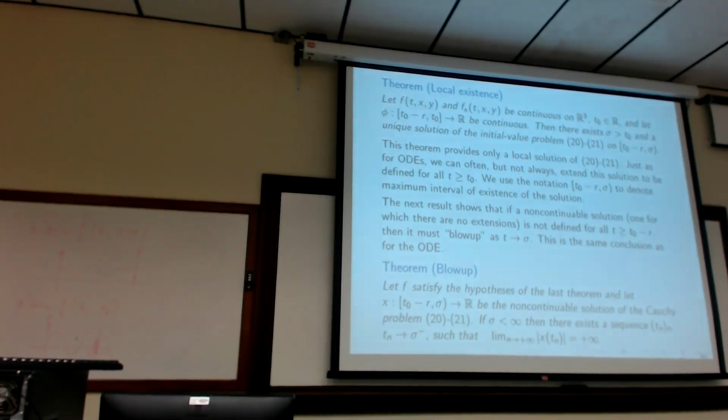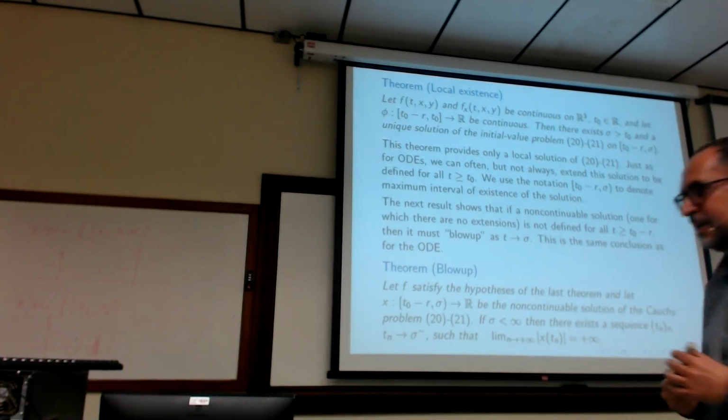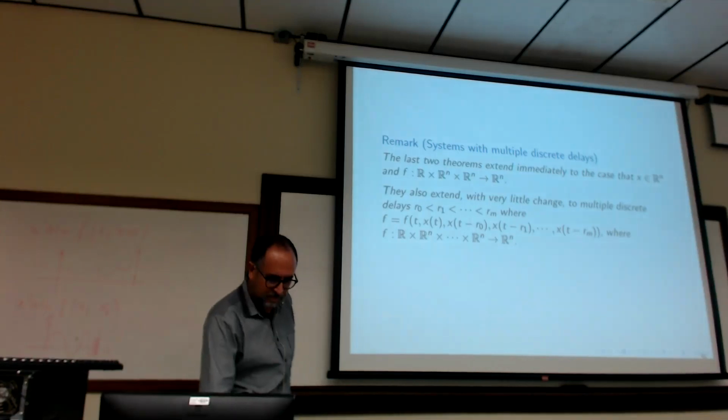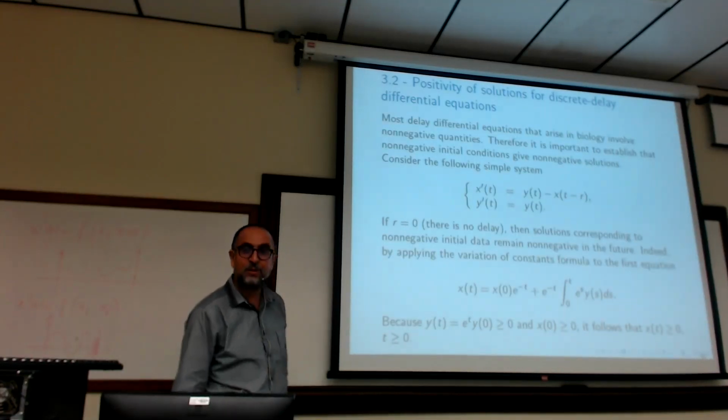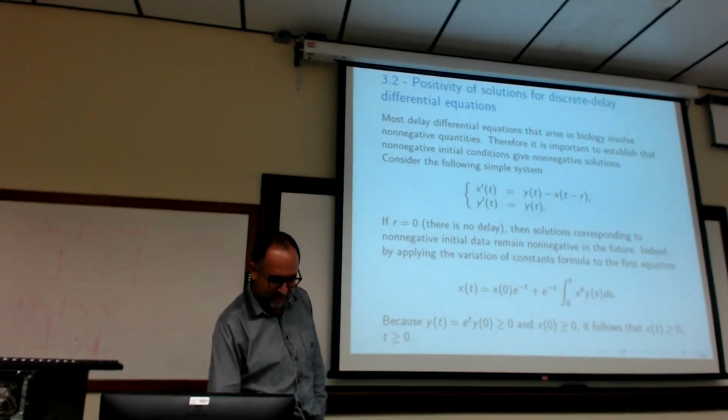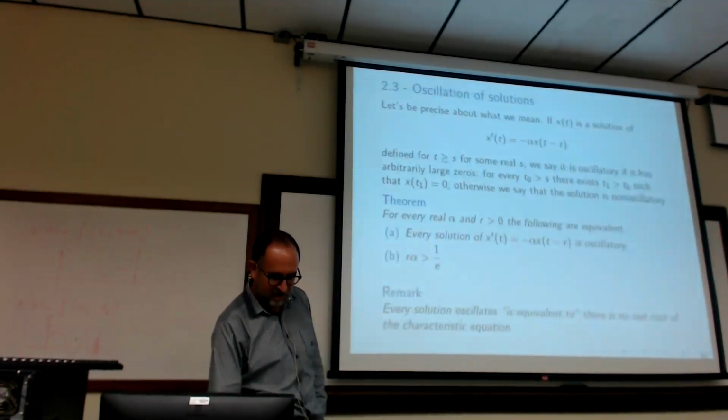This is okay, but if you write new examples, you have to check that there is no problem with the global existence of the solutions. That means the solution exists for all time. Okay, maybe I will stop here and continue if you have questions.